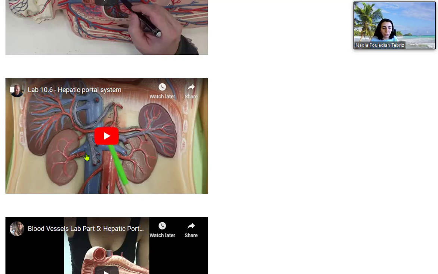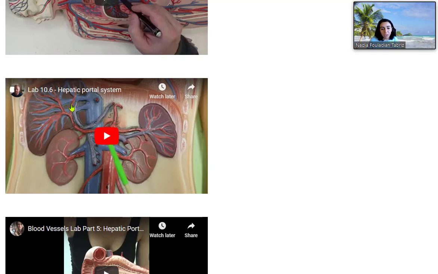The first thing you have to notice, the hepatic portal system is a collection of veins, not arteries, right? And I'm going to explain when we go over the other parts in the drawing. I will show you what it looks like, or get back to this part and explain on that one.